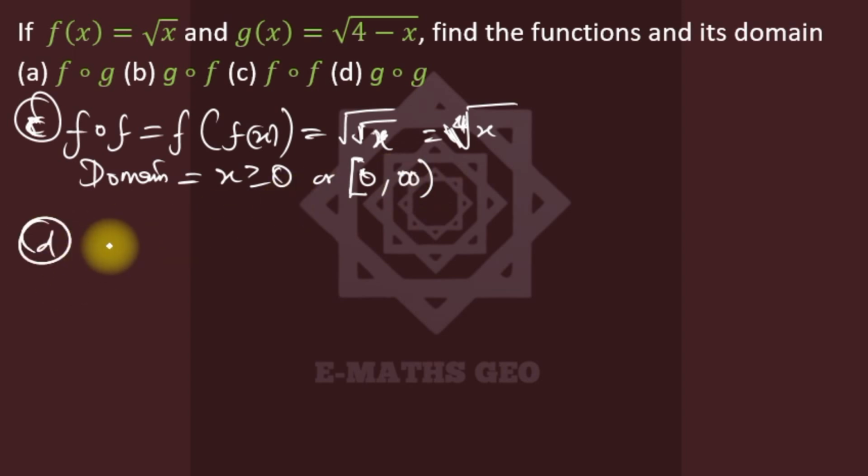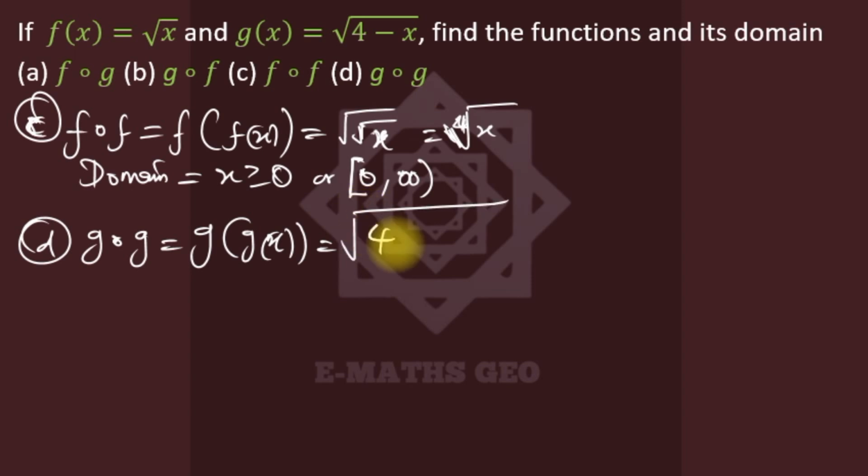For the D part, g composite g, which is g of g of x. So this is the square root of 4 minus the square root of 4 minus x.